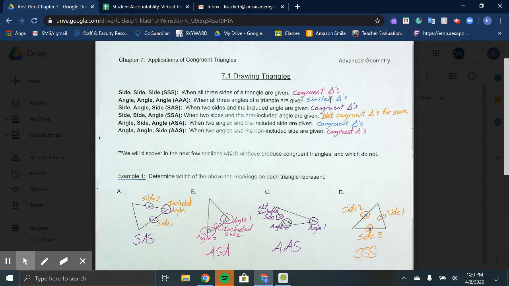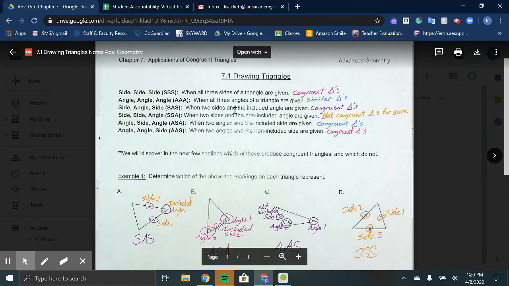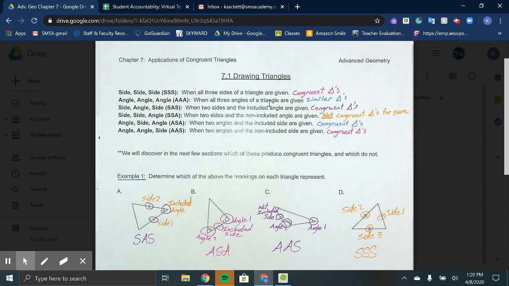The next one we have is side, angle, side. This is when two sides are given and the included angle. What they mean by the included angle is that those two sides create the vertex of that angle. You can look down at example 1a to see an example of that.